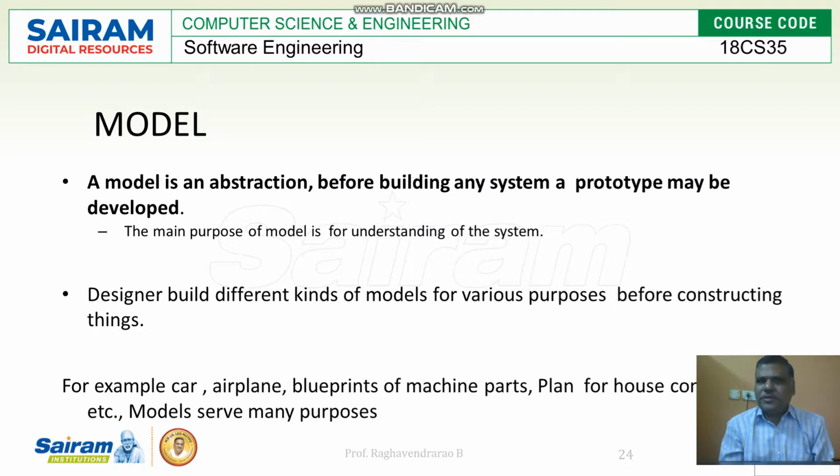Usually when you design objects, you can take the example of a car, an airplane, and the blueprints of machine parts. Why do we take all these? The reason is a car is an object, an airplane is an object. The blueprint is what you make before building the actual design.